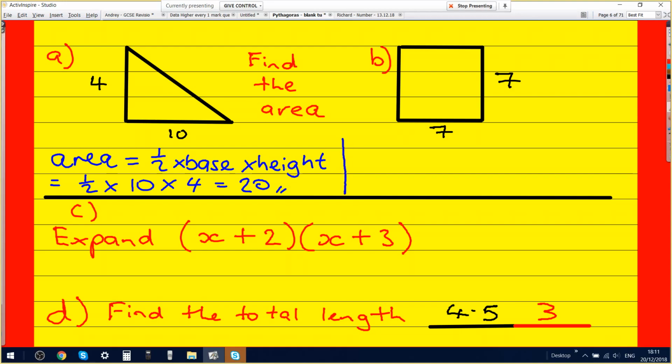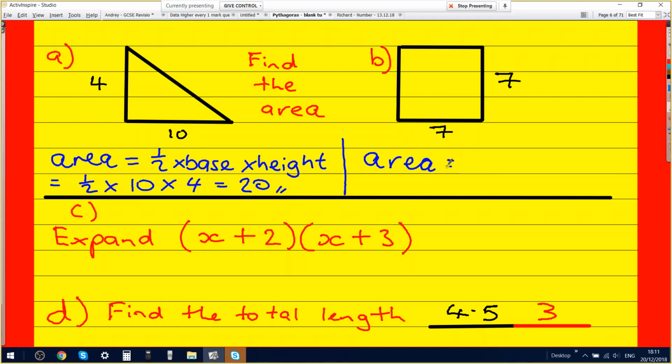Okay, and the one on the right? Because I'm missing 2 values, do I have to do 2 halves? It's just a square. How do you get its area?